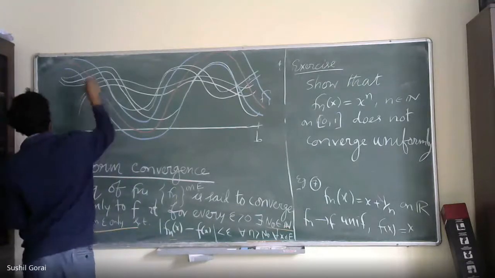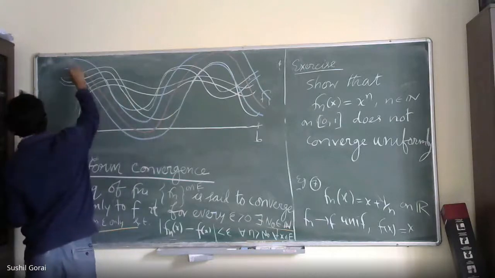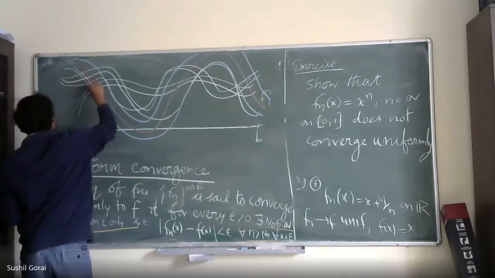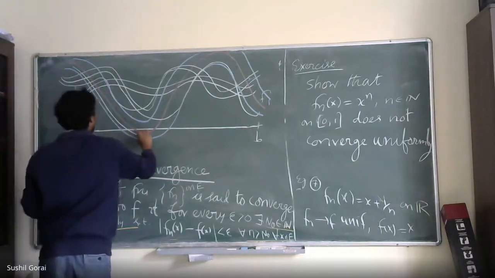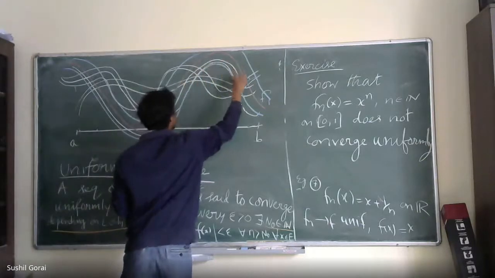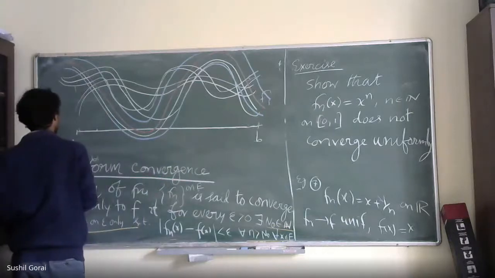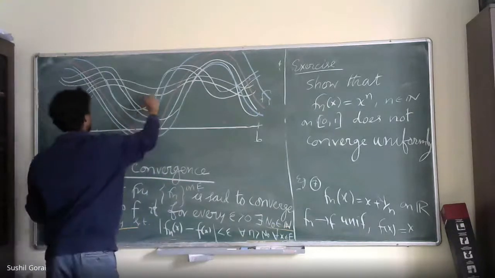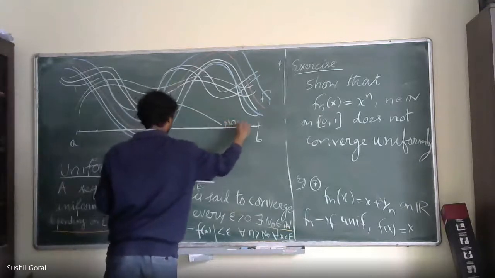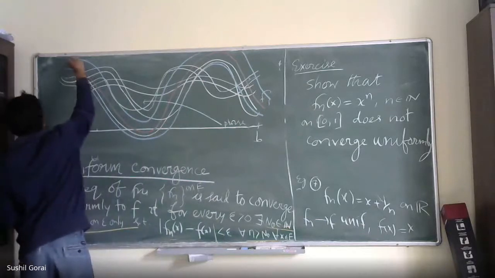if it works for one n here, it should work for every n. So in case of uniform, the whole graph will lie in it. Maybe I'll draw this in yellow. This one is pointwise.